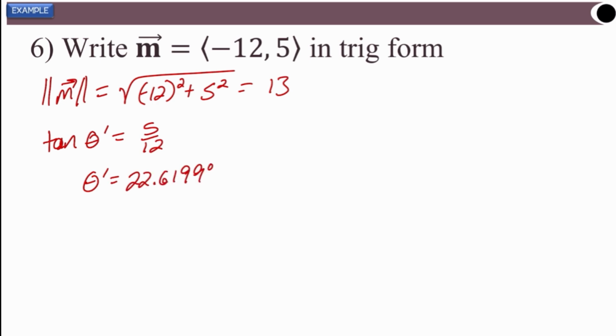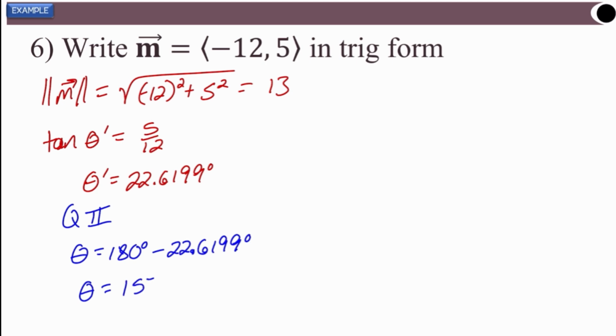This vector is in quadrant 2, so that means that we're going to take 180 degrees and subtract 22.6199 degrees. Feel free to draw a picture so you understand why we do that. And then that's going to be 157.380 degrees for my angle. So the information I need is that the magnitude is 13 and the direction angle is 157.38 degrees.